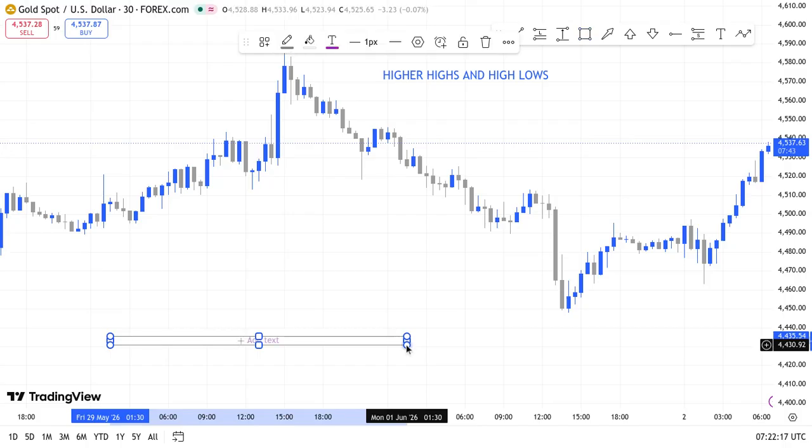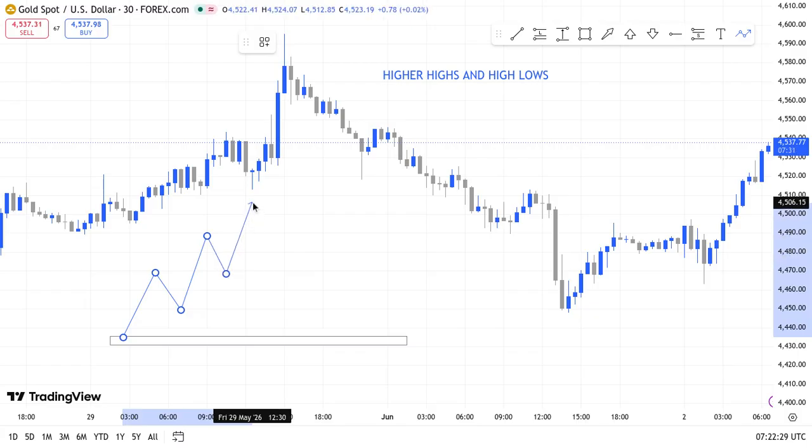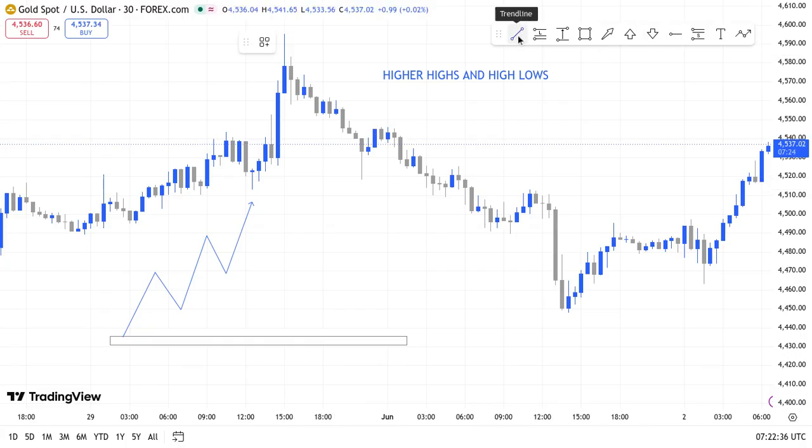When we are trading, this could be our starting point, and we have the market moving from here down, retracing, pushing. So as a trader, you know that the market is making what we call higher highs and higher lows.